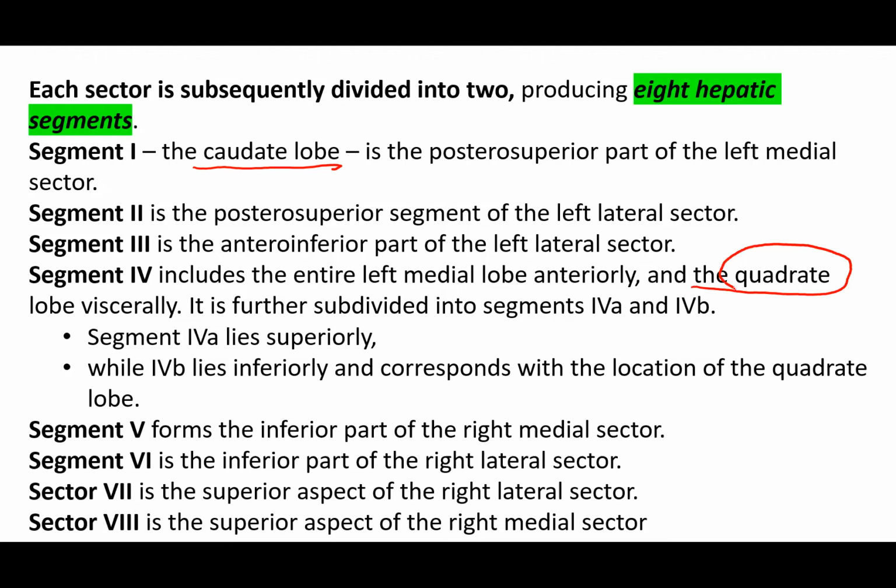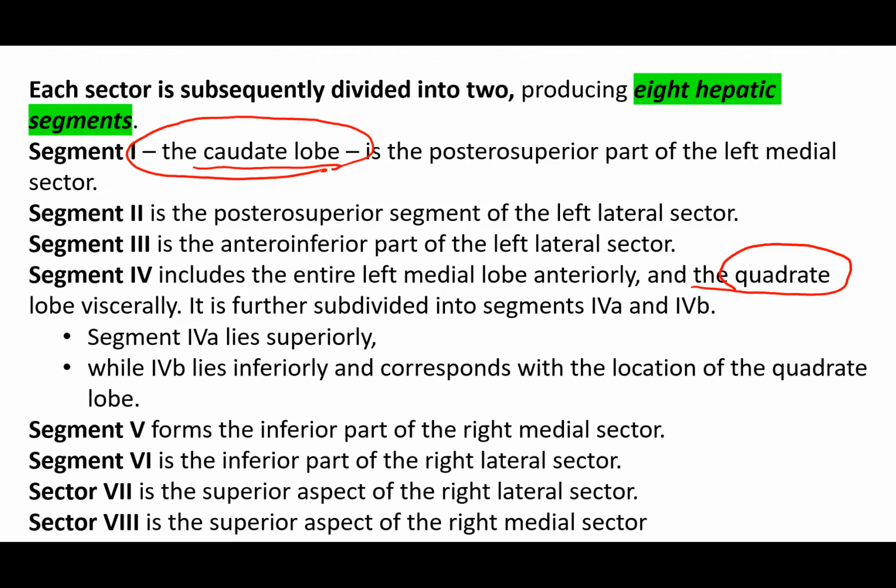So you should know that quadrate lobe is part of what? Segment 4, while caudate lobe is part of what? Segment 1. Okay, it is further divided into segments 4A and 4B.